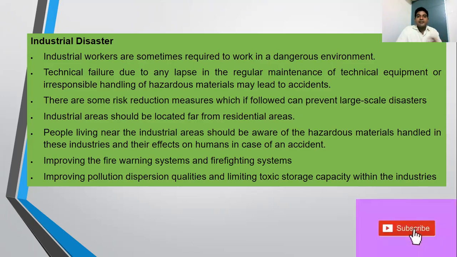That risk can be reduced by keeping industrial areas far away from residential areas. People living in the industrial areas should be made aware that hazardous materials are handled in these industries and they affect humans in case of accidents. And we need to improve the fire warning and safety measures so that people can get the alarm and get away from that place and save their lives.